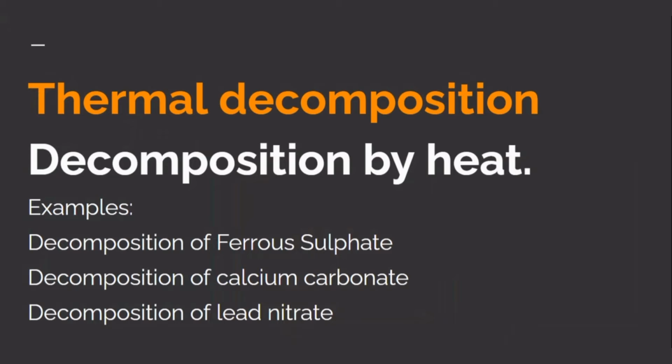Now let us look in detail at thermal decomposition reactions. As the name indicates, thermal means heat. So for this type of decomposition we need heat. These are the main examples: decomposition of ferrous sulfate, decomposition of calcium carbonate, and decomposition of lead nitrate.